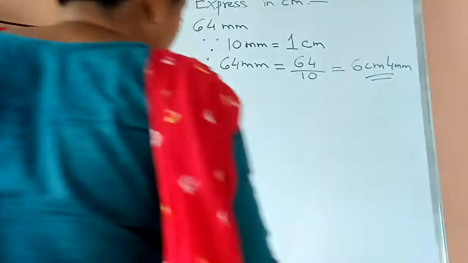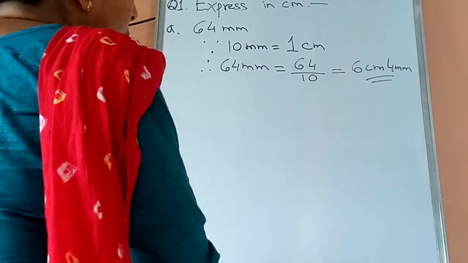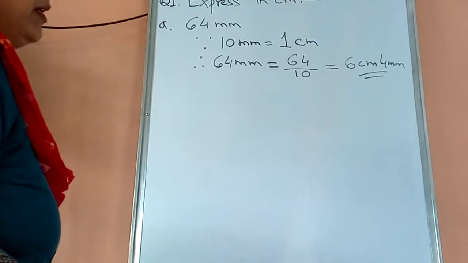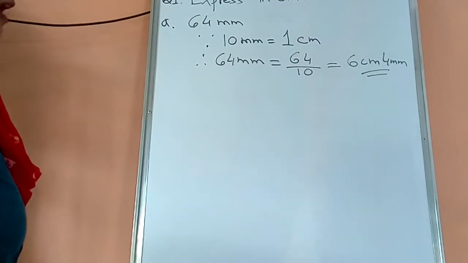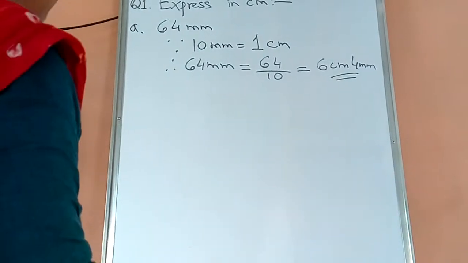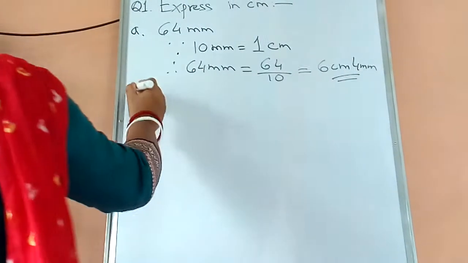This will be the answer, because you cannot divide it whole. The remainder will be there, so whatever the remainder, that will be millimeter, and whatever the quotient, that will be the centimeter part.